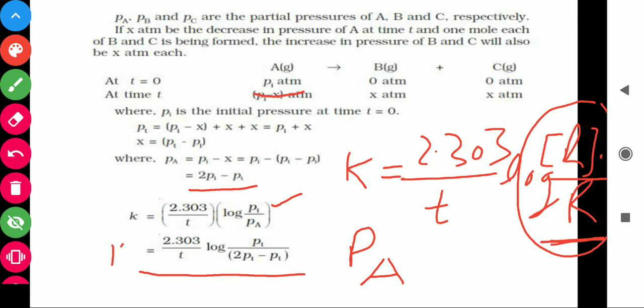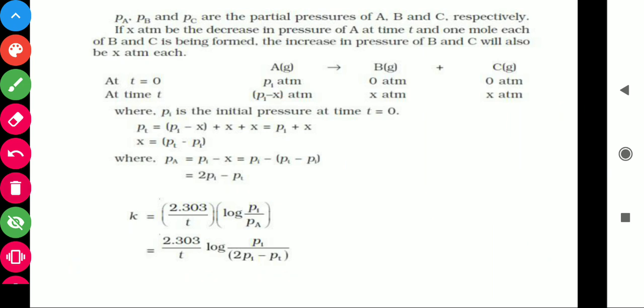This equation is used to calculate the rate constant. Here k is the rate constant for first order reaction when all reacting and producing species are in gaseous phase.